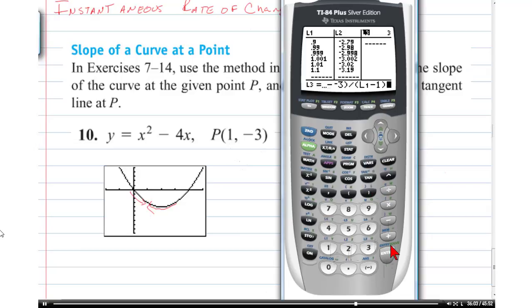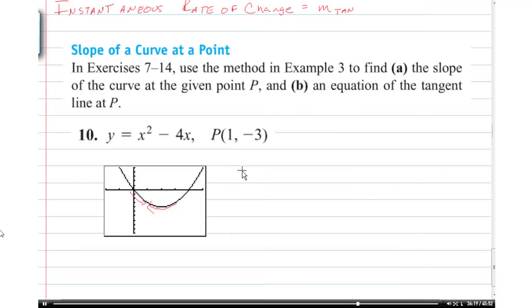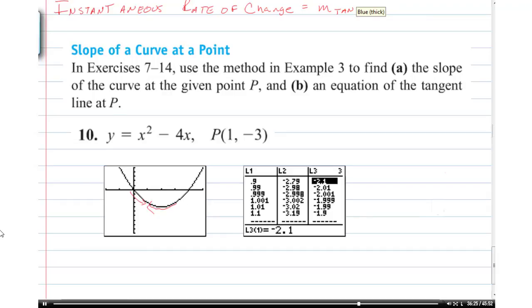Okay? Hit enter, and what list 3 is now is all of the slopes, and we want to know what the slope is approaching. So let me copy this and put it right here. List 1 were the x's that were approaching from the left. These are as we get closer from the left of the point. And these x's right here were approaching from the right. We're approaching 1 from the right.